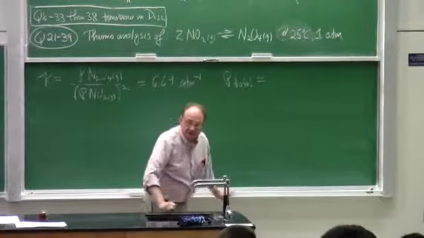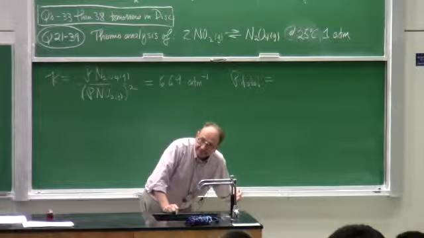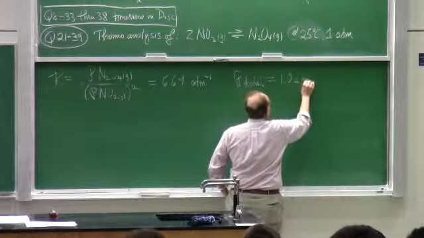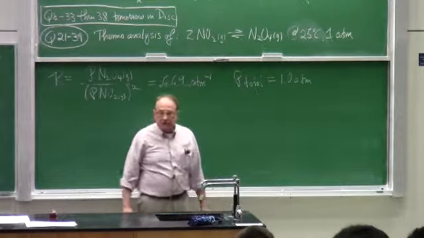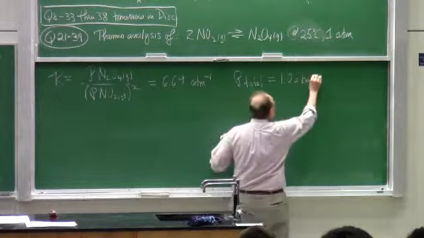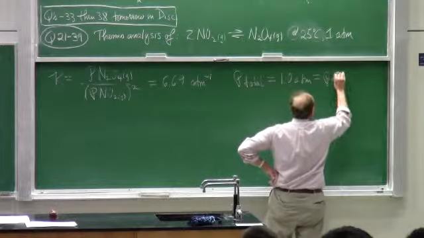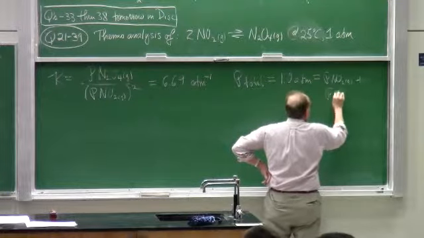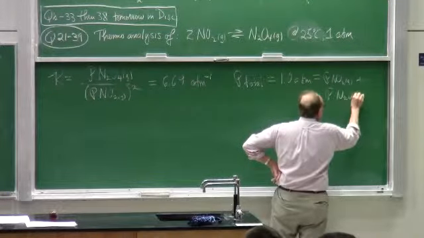What's P total for this system? 1 atmosphere. I'll write it to 2 sig figs. Equals P NO2 gas plus P N2O4 gas.